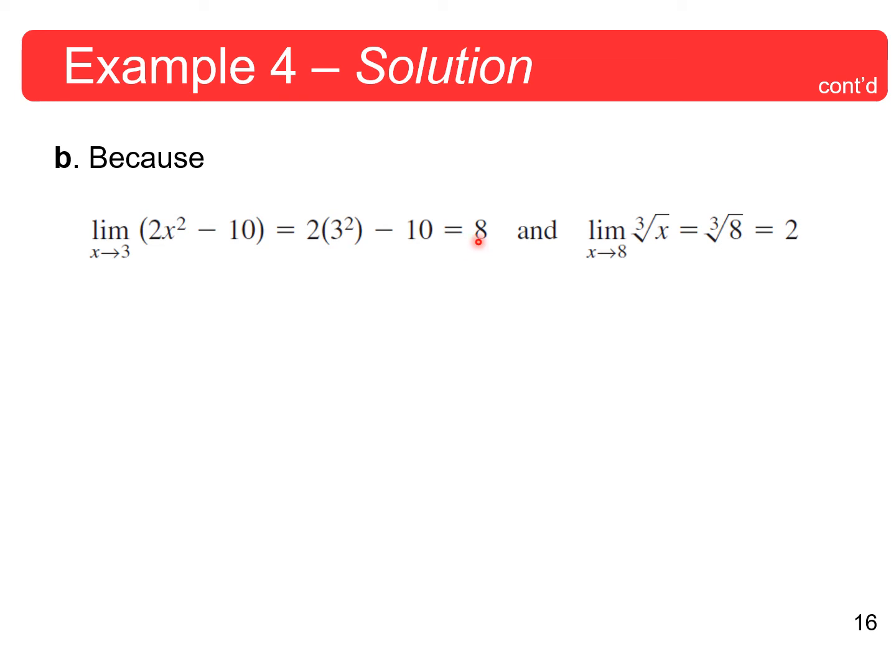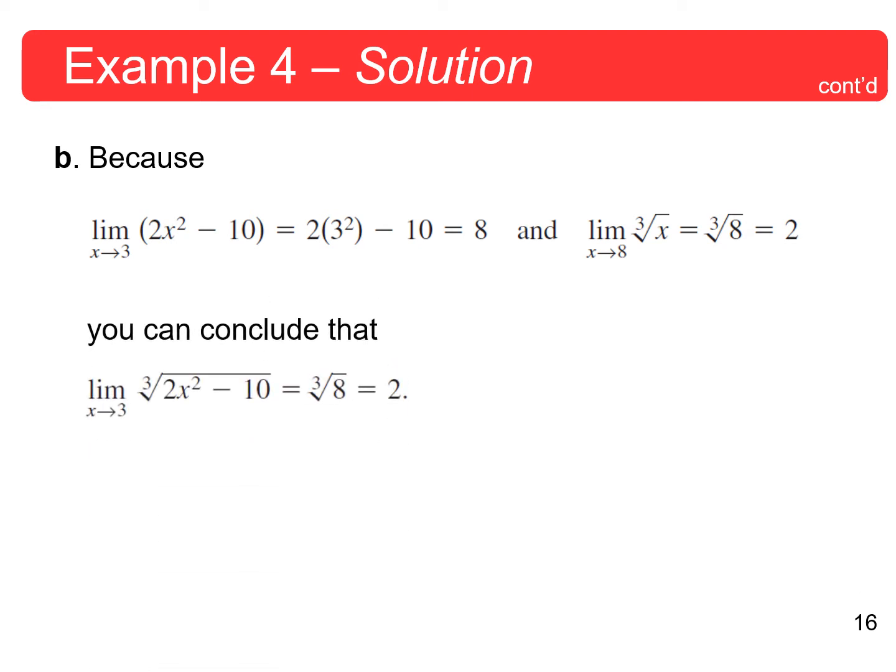And then the other function where we would compose this to get the original function is the cube root of x. Now let's evaluate the limit of cube root of x as x approaches 8. So cube root of 8 is just equal to 2.